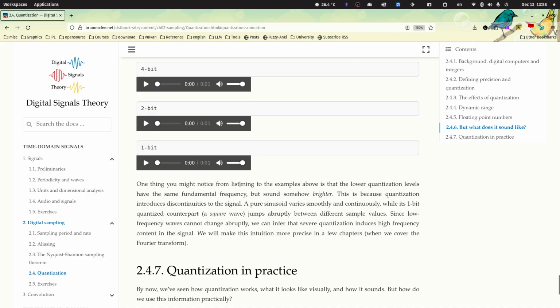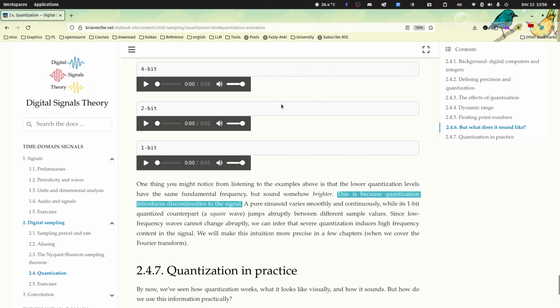One thing you might notice from listening to the example above is that the lower quantization levels have the same fundamental frequency but sound somehow brighter. Oh, that's interesting. That's because quantization introduces discontinuity to the signals. So we introduce high frequency content just by quantization, basically.